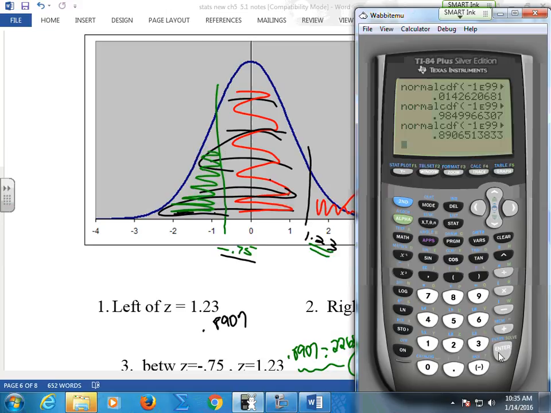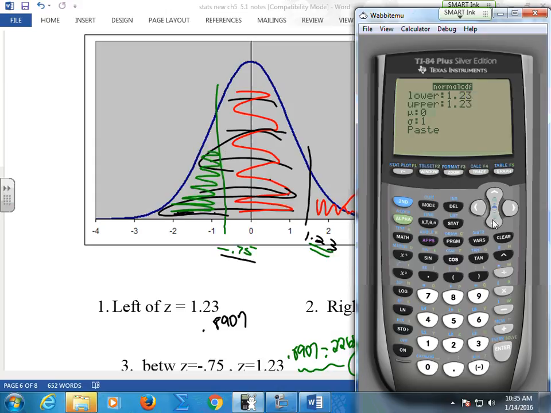See it? Okay, now, I'm going to do it again. I want to find the other one. What was the one over here? Positive 1.23. I want to go to the right of this. So watch what's going to happen. If I want the right of this, where's my lower boundary? 1.23.